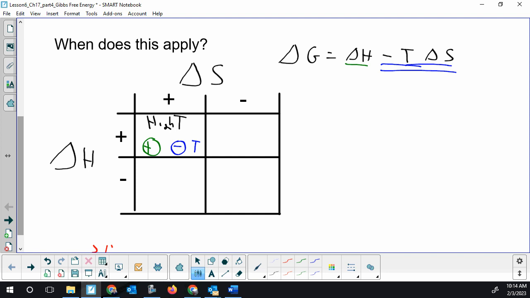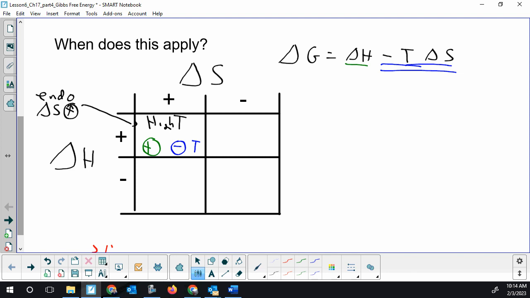We want a high temperature to make that blue part, the negative blue, as large as possible, so it cancels out the green. So in this box we have an endothermic reaction that is not helping it be spontaneous, but we have a change in entropy that is positive or large. So this is entropy driven. It's not the enthalpy that's driving this box, it's the entropy, the increase in disorder, which can allow this to be spontaneous.